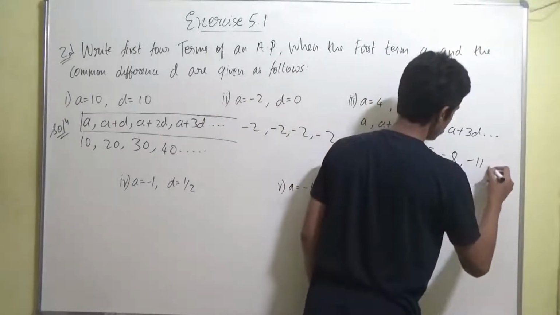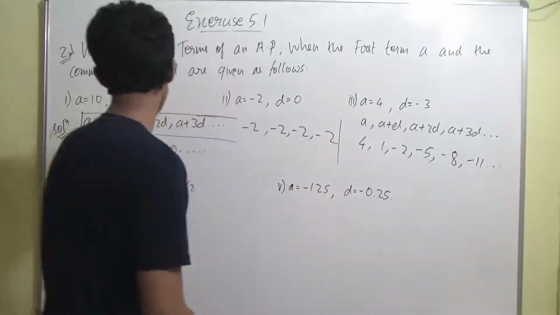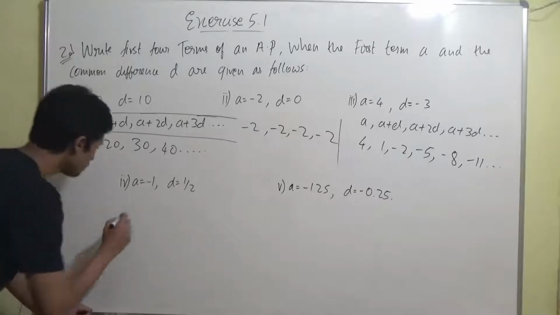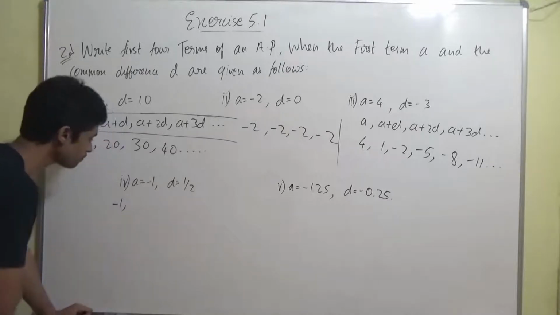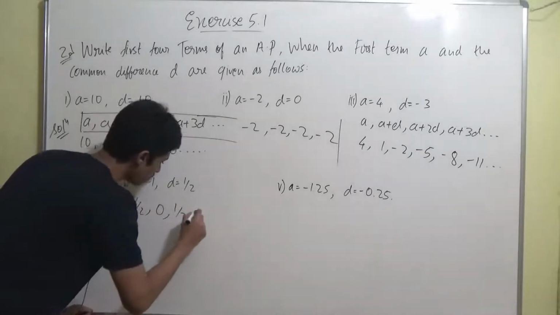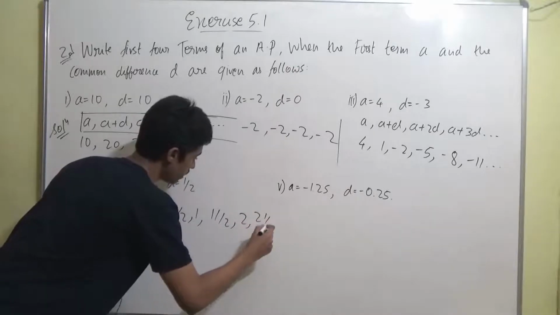Minus 8, minus 11, and so on. So this is your third sub question. Now let's go to the fourth sub question, where the difference is half. It's going to become minus 1, then minus half, 0, half, 1, 1.5, 2, 2.5, and so on.